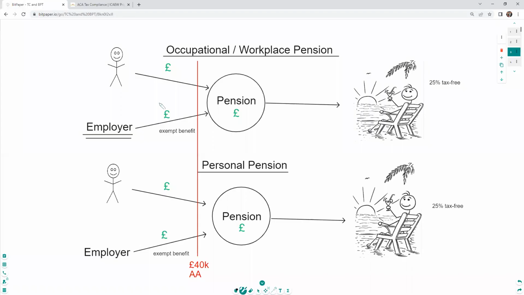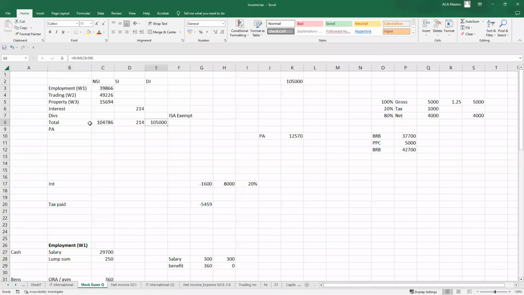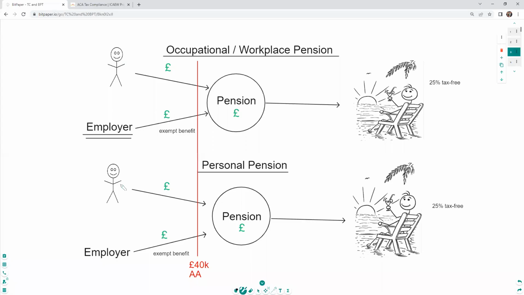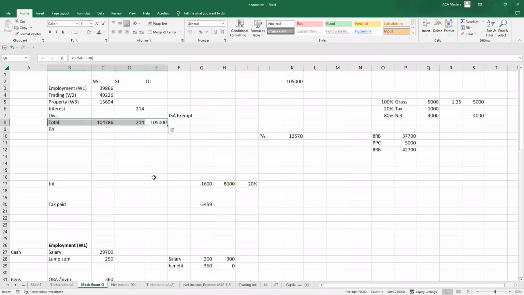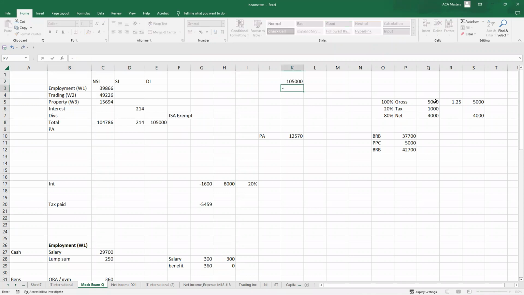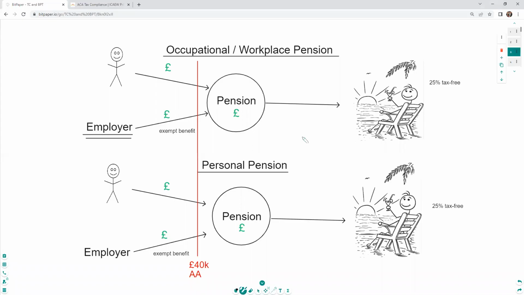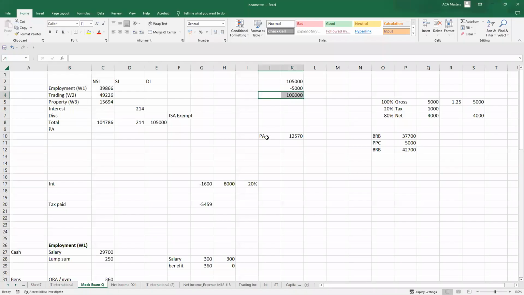The contributions that he made to his workplace pension have already been included because they were deducted here. It's unfair, if you like, that his personal pension contributions haven't also been included, so that's why we include those as well. We include the gross amount, and that reduces his adjusted net income for the purposes of saying, is it more than 100,000?